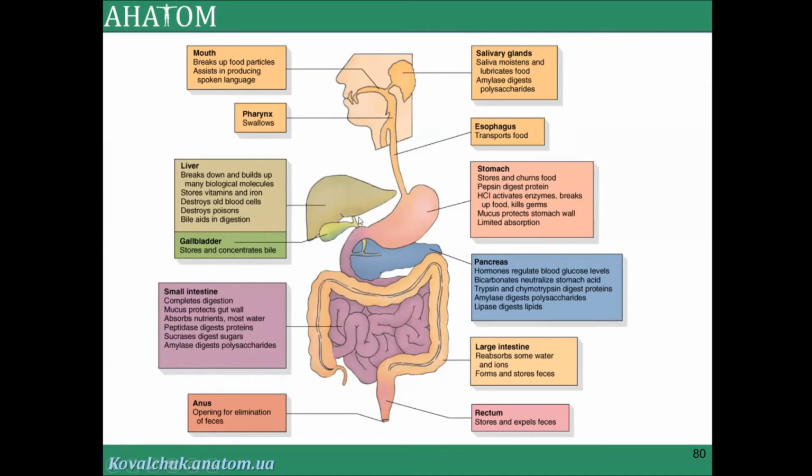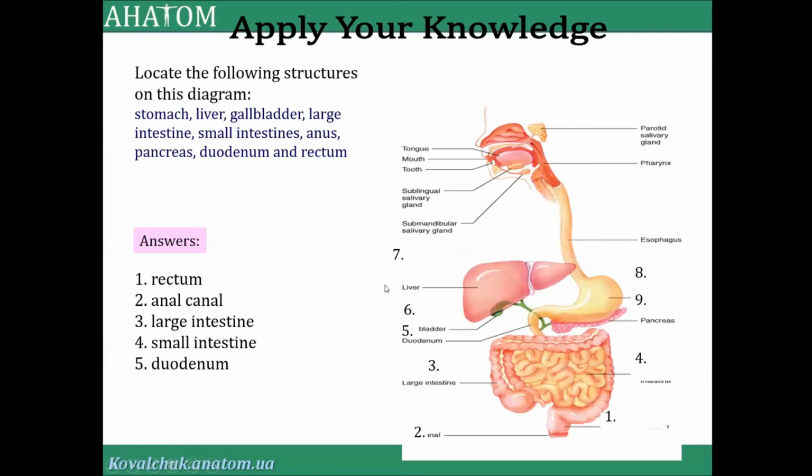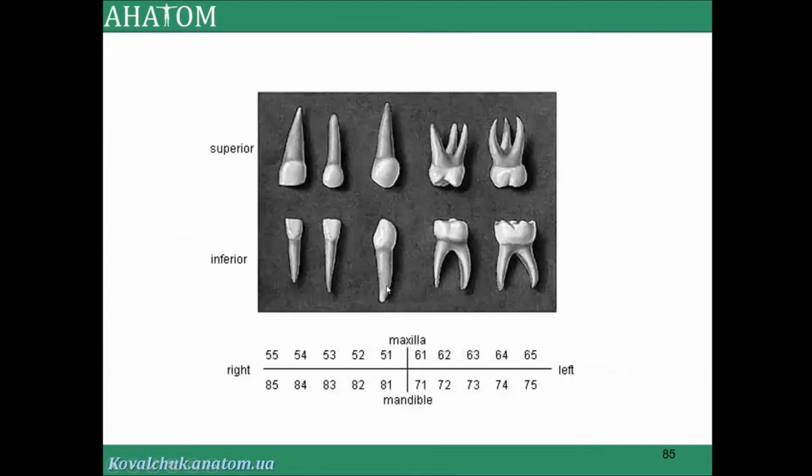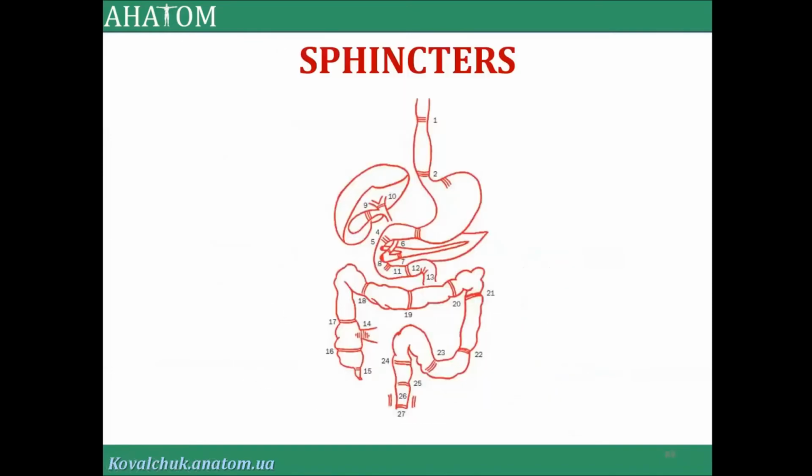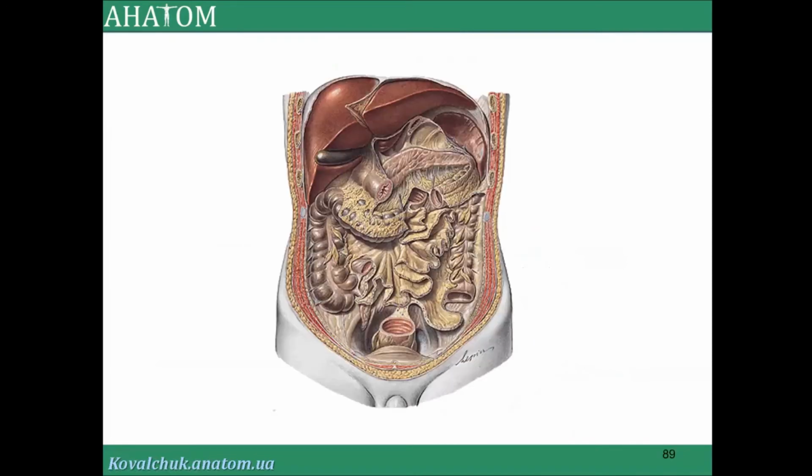And if you look, the bile duct opening and pancreatic duct opening are in the descending part of the duodenum. And some forms of the teeth, male and female, and a big portion of sphincters.